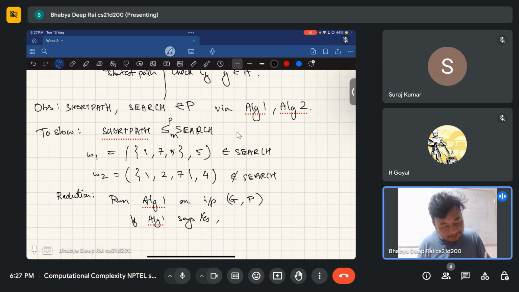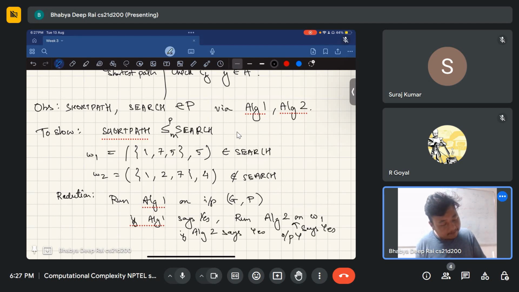I'll just give W1 to algorithm 2, which solves the search problem on W1. Since 5 belongs to this, it belongs to search, algorithm 2 says yes. And say, if algorithm 2 says yes, then output yes.